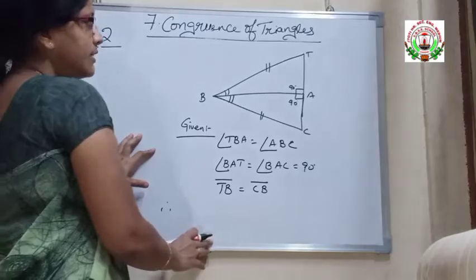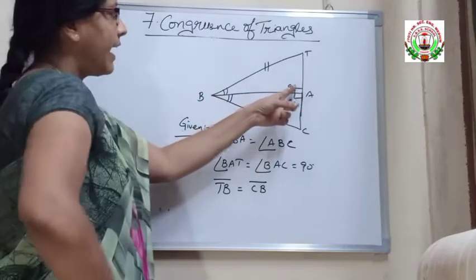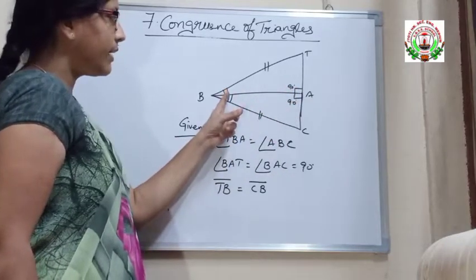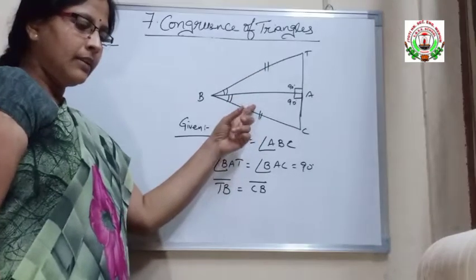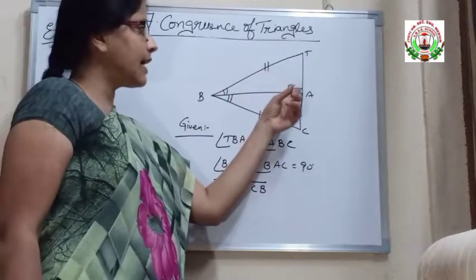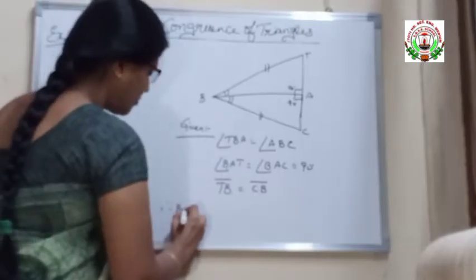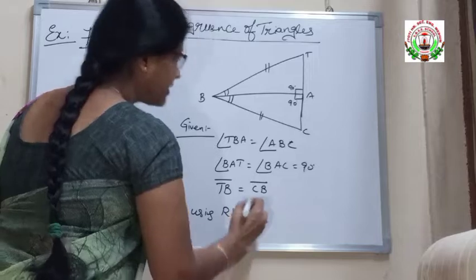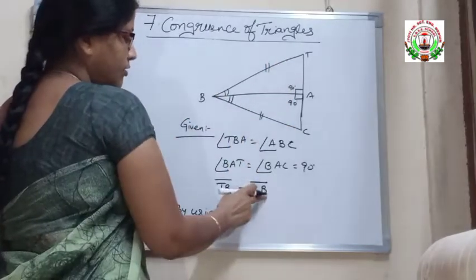So therefore, see here, angles are equal, here angles are equal, and one side is equal. So here by using RHS, and the hypotenuse here, BT is equal to BC also, CB also.